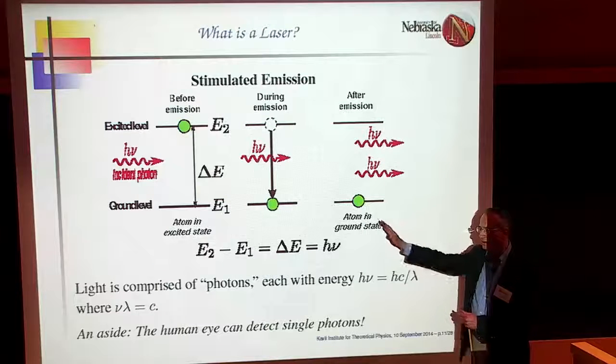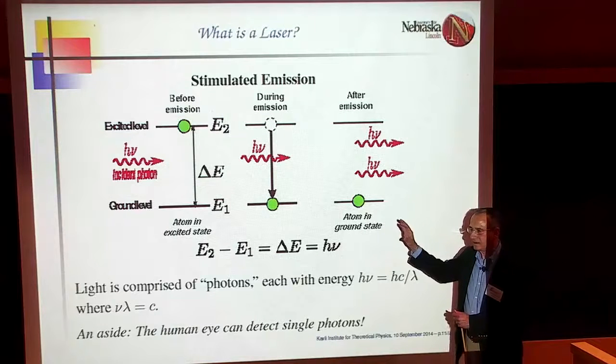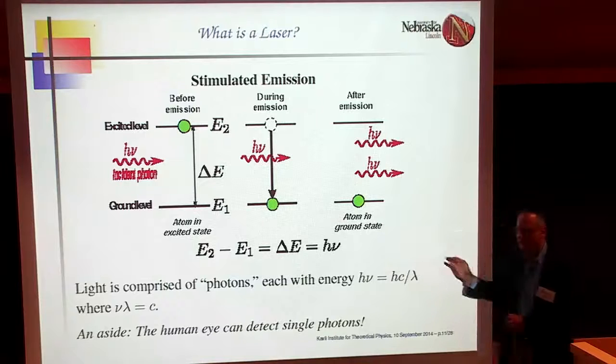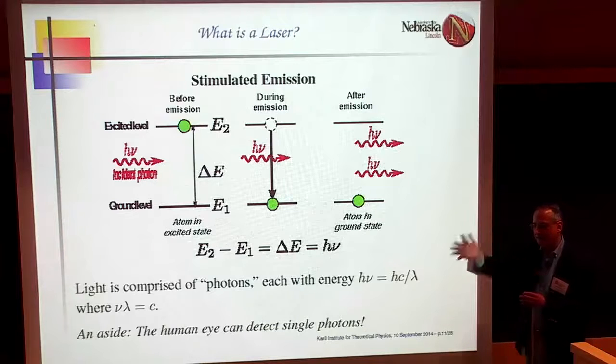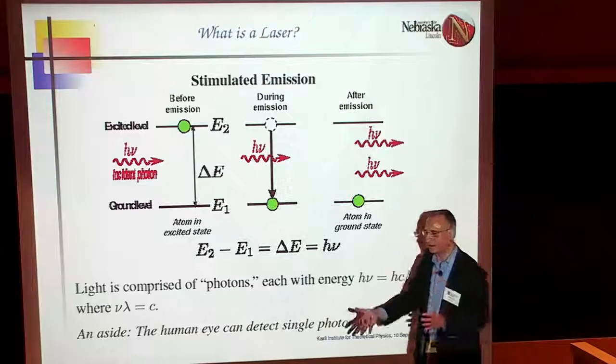So even though light originates from a quantum object, atoms, ions, there are so many of these photons that we regard it as a classical field, an electric field.